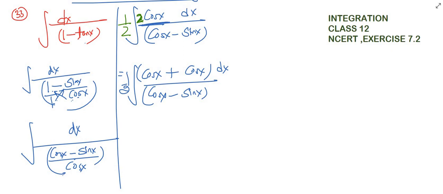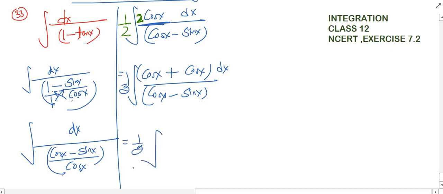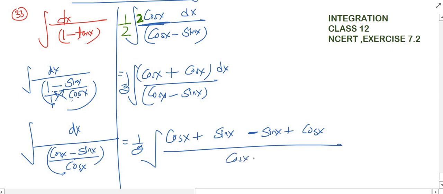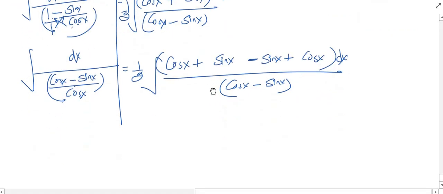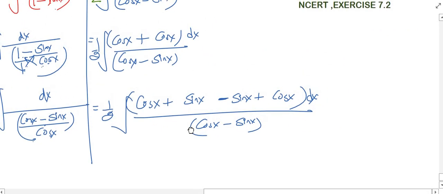Now you can guess what we did last time, in question number 32. We added and subtracted. So let me add sin x and subtract sin x, by cos x minus sin x, dx. Okay? I hope it's okay.